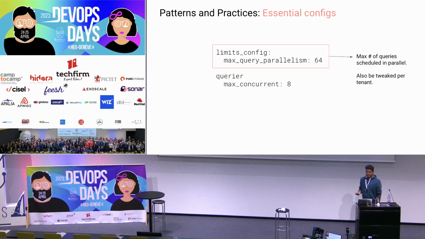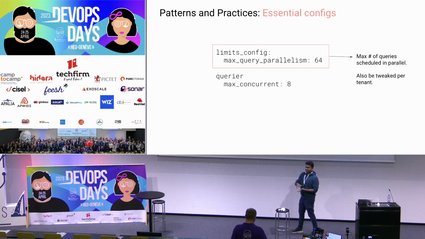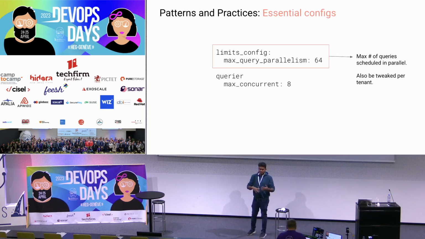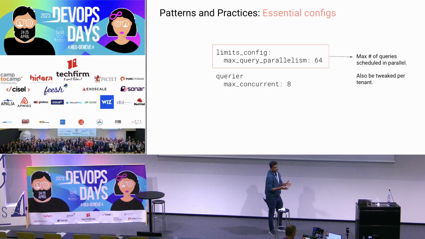And the other config, which is max query parallelism, this is also per tenant. So this controls how many queries can be scheduled at the same time. So let's say you have a Loki instance that is serving multiple different types of users, right? And these users can be from different teams inside the organization itself.